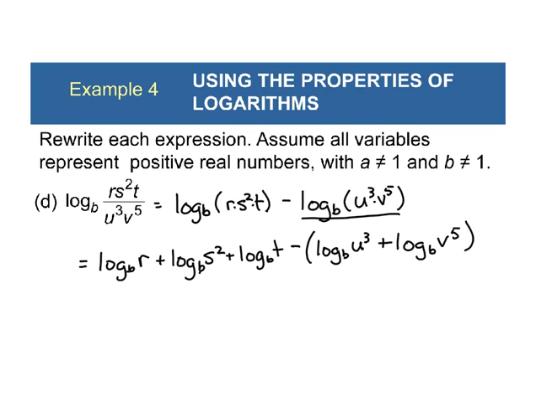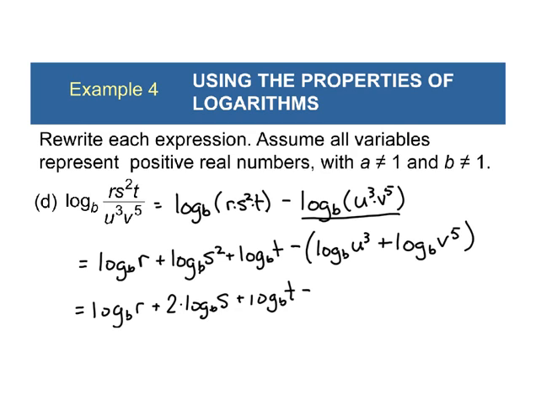Now, the last step in expanding any expression is to take all powers that we have and place them in front of our logarithms. So log base b of r stays the same. Then we're going to put the 2 in front of our logarithm. So 2 log base b of s plus log base b of t.